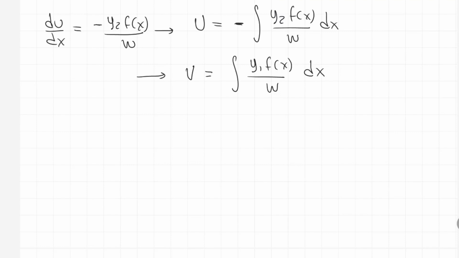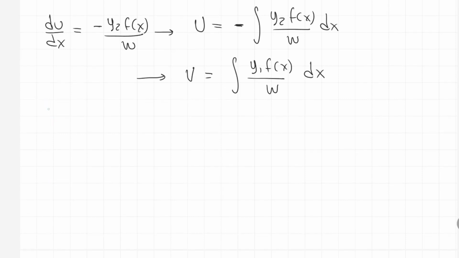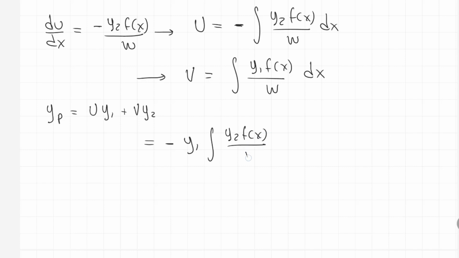So now that we have found u and v, remember that we defined y sub p, the particular solution, as u times y1 plus v times y2, and this can be written as negative y1 times the integral of y2 f of x over W dx, plus y2 times the integral of y1 times f of x over W dx.